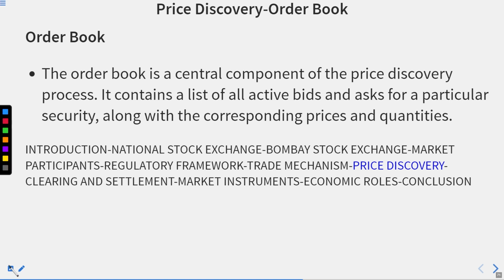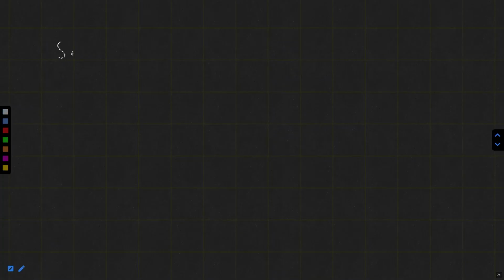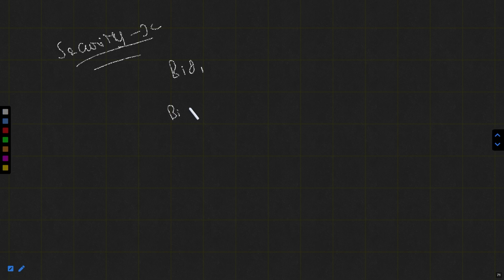For example, suppose this is a security X. Suppose there are bid 1, bid 2, bid 3.